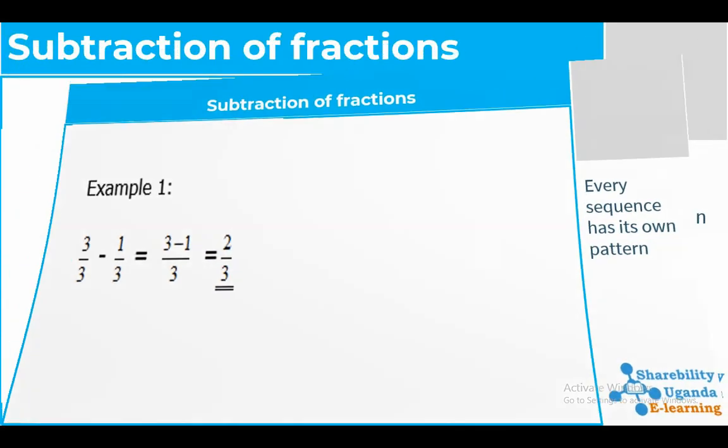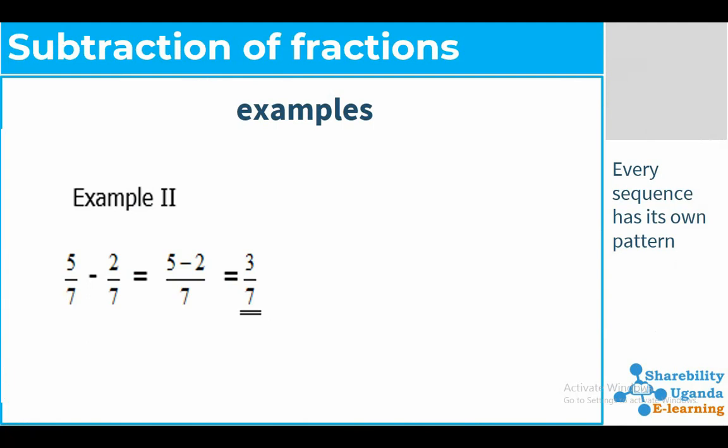Let's look at another example, example 2. We have 5 out of 7 minus 2 out of 7. Look at our numerators: we have numerator 5, numerator 2, and denominator 7 and denominator 7.